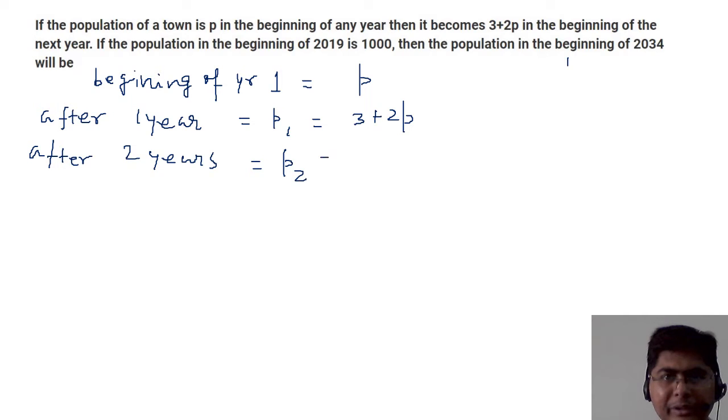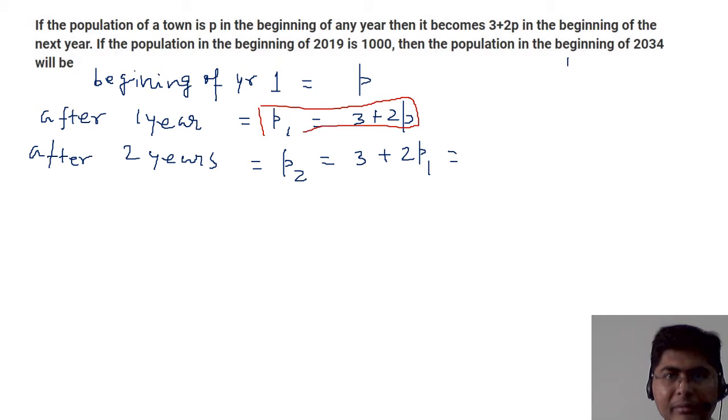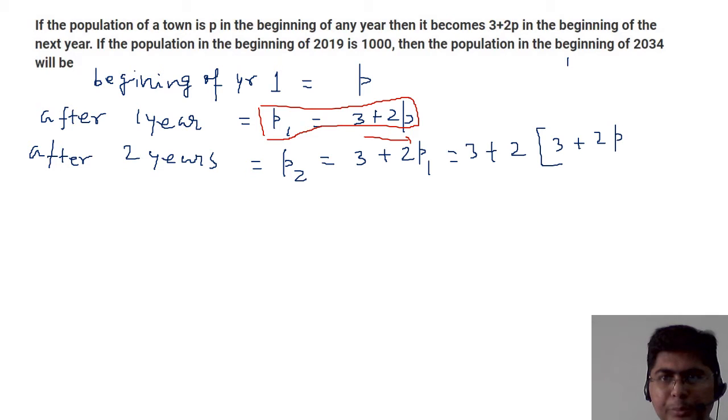Let's say P2 is equal to 3 plus 2 P1. So what is the value of P1? This is the value of P1, so I'm replacing it here. So I will get 3 plus 2, just putting the value of P1, 3 plus 2P, right?